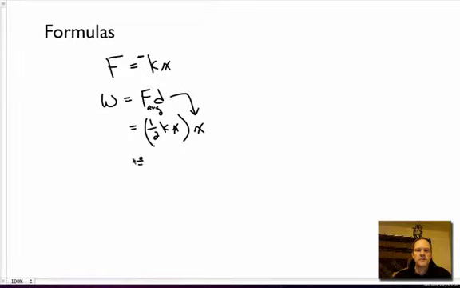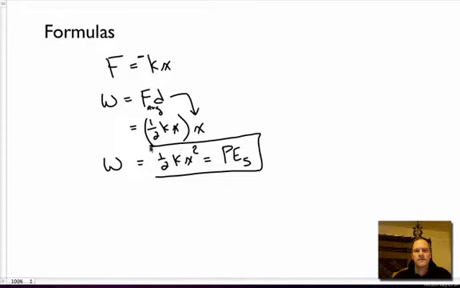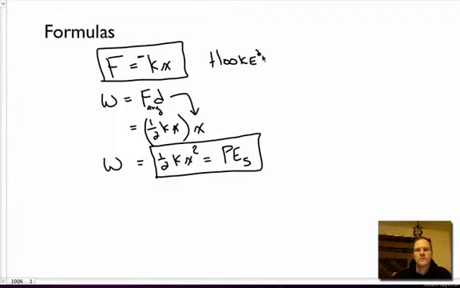So we end up with the work done as 1/2 kx squared, and that in turn becomes the potential energy stored in the spring. So here we have Hooke's law. And here is the potential energy stored in a spring.